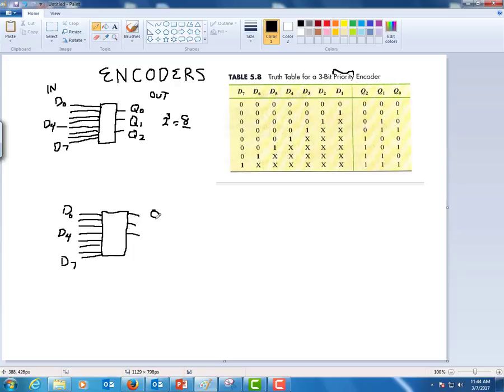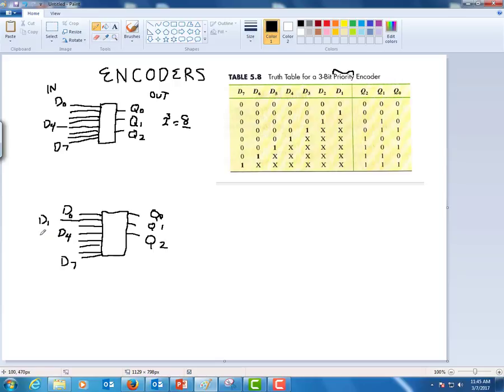And just say this is Q0, this is Q1, and this is Q2. So 0, 1, and 2. Suppose you have D1, let's have a D1 here too. Suppose with this input you had D1 active and D4 active. Everything else was 0. What would it output?